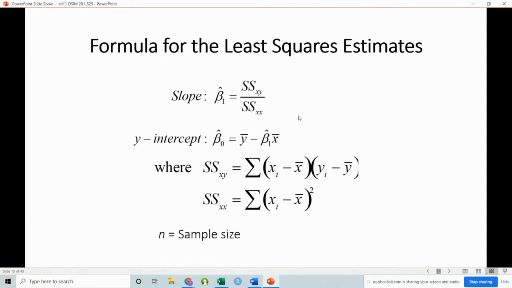So our estimated slope, beta 1 hat, because it's an estimate, we put the little hat on it, is found by the sum of squares of x and y divided by the sum of squares in the x term. The y-intercept, or beta 0 hat, is found by taking our average y value, y bar, and subtracting our estimated slope, beta 1 hat, times the average x value, x bar.